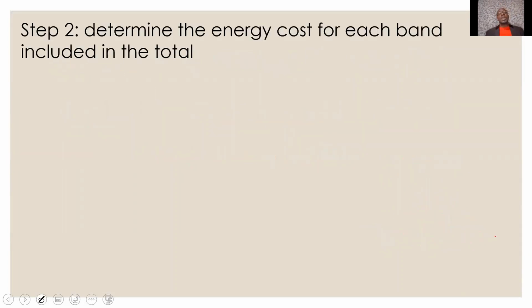Step 2 is to determine the energy cost for each band included in the total. For the first band, we have 400 at 26 cents, and that gives us $104.